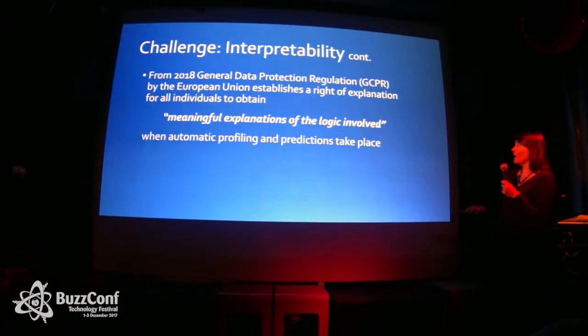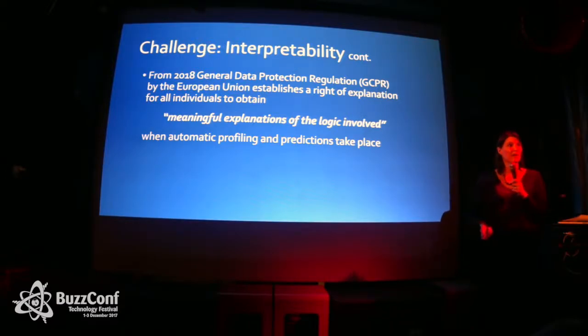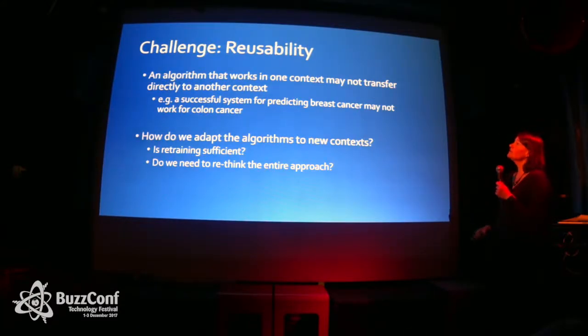Specifically, I'd mention that in the European Union, they've recently passed a regulation that will require that all individuals can have a meaningful explanation of the logic involved when an automatic screening or automatic prediction tool is applied to them. This has huge implications for how we use machine learning in the medical context.